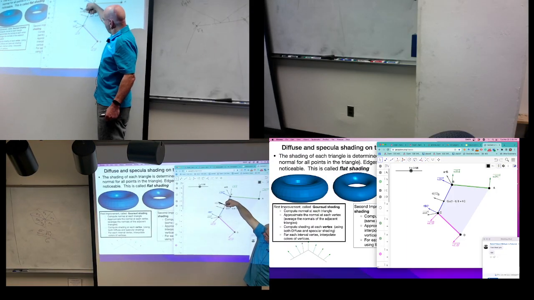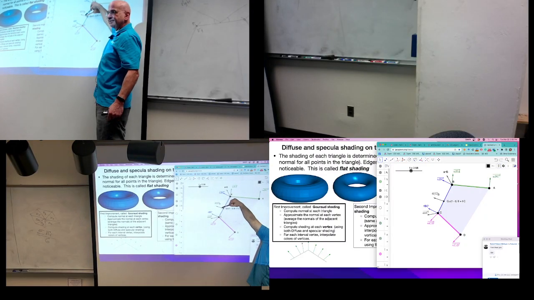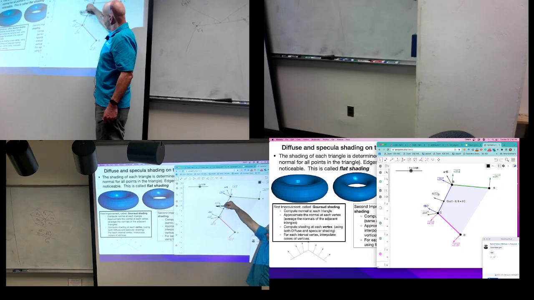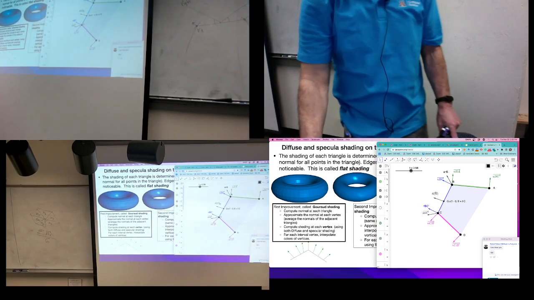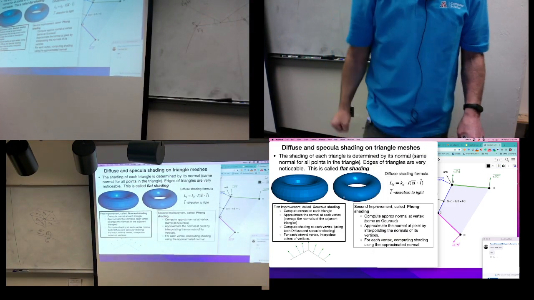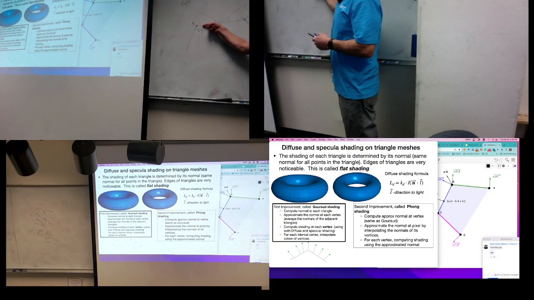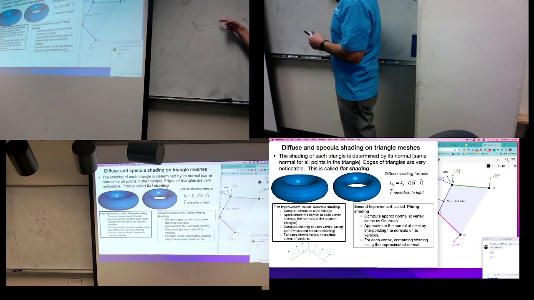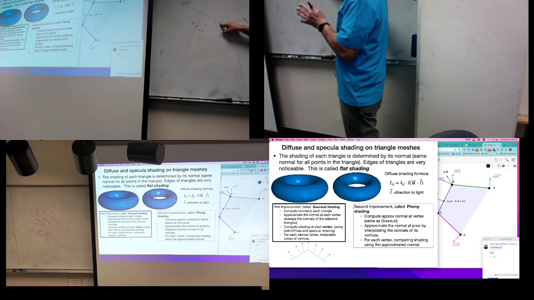I know what the real normal of this triangle is, and in most cases it will not be the fake one. Nevertheless, I will use the fake one to compute the shading, and then I will get a very smooth surface. And in addition, if you care about the specular effect, it's not necessarily exactly the real point where you'll get the perfect reflection, the perfect mirror, the specular spot.